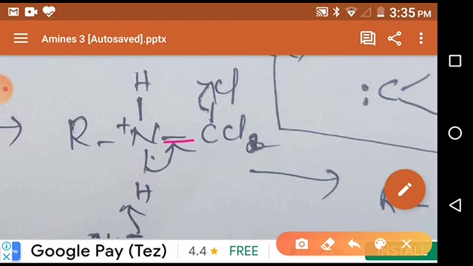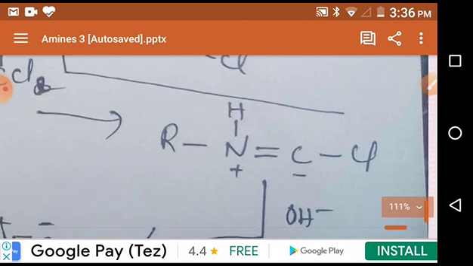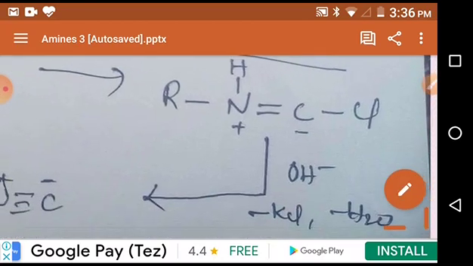After formation of this bond, nitrogen becomes positively charged, but at the same time, a proton goes as H plus and Cl goes as Cl minus. So after this loss of HCl, we get this type of compound: RNH plus, double bond, C minus Cl. At the same time, OH abstracts one proton from the hydrogen, and K plus abstracts Cl minus from this side.